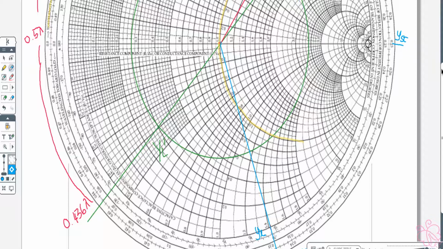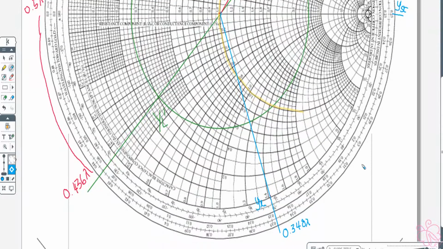So we're going to rotate towards generator, from Y short circuit towards YL.